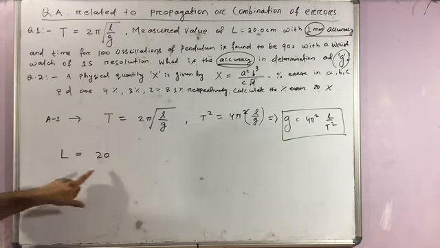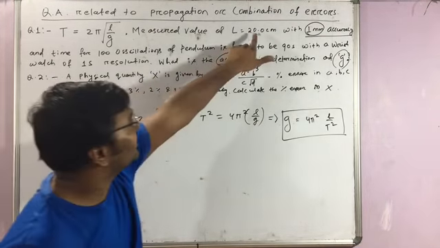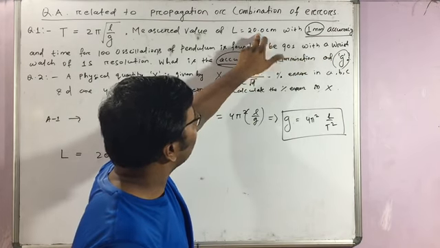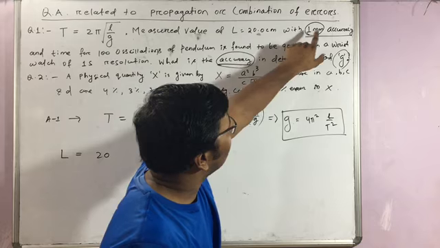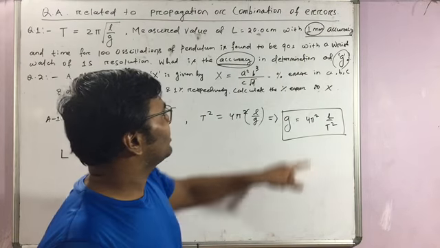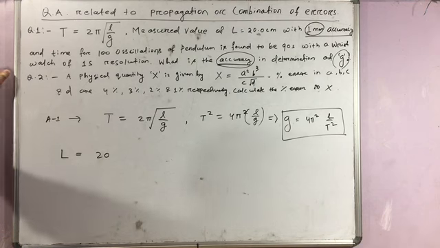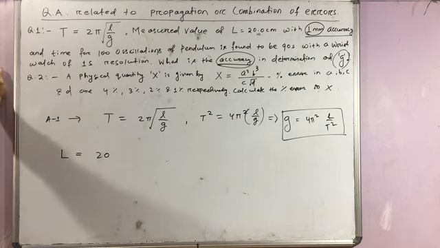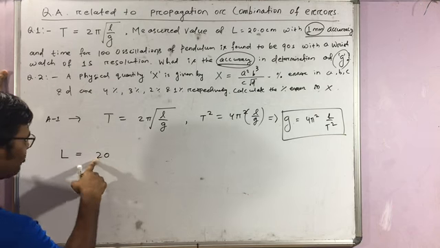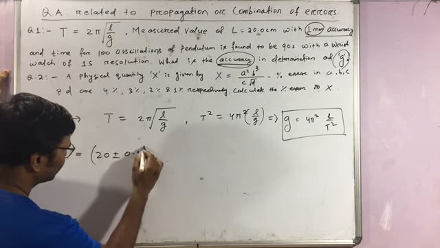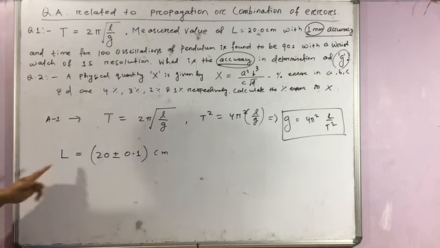Got it? So the unit of 20 is centimeter and the error is in millimeter. Either you convert 20 centimeter into millimeter or 1 millimeter into centimeter. So let us convert 1 millimeter into centimeter. I am taking 20 centimeter, and 1 millimeter is how much? 0.1 centimeter. So we can write the length as 20 plus or minus 0.1, in centimeter.